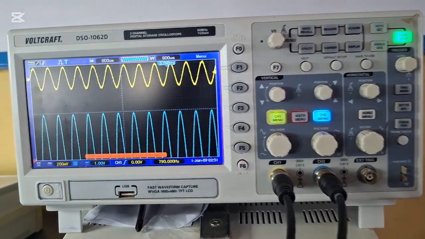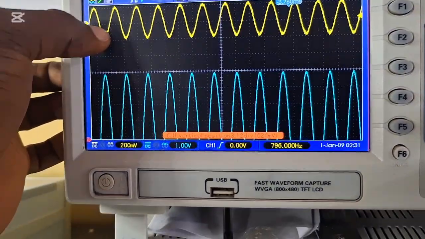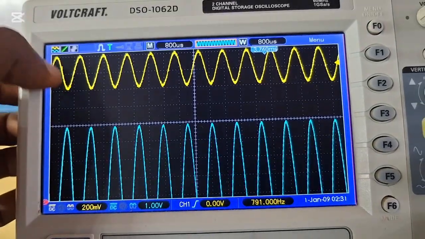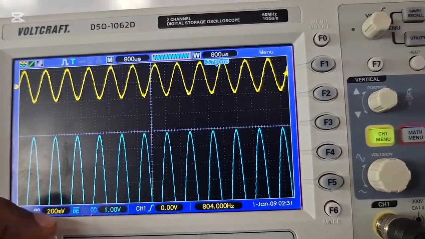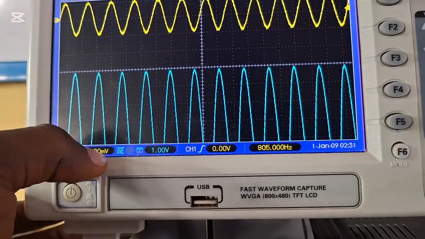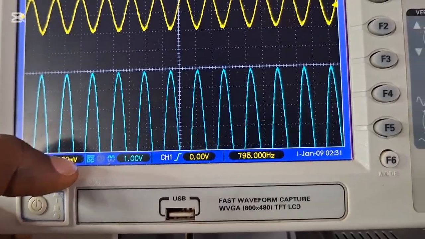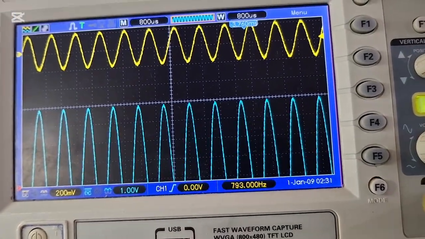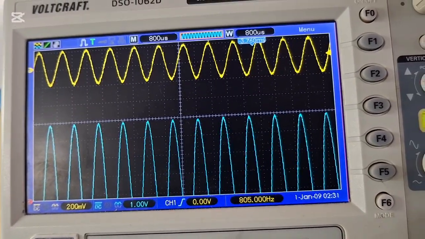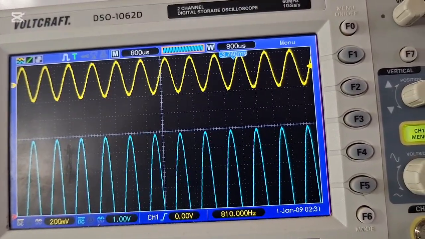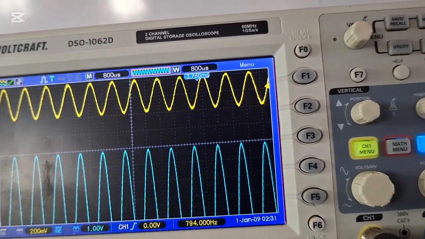Okay, so we have 1, 2. The waveform is covering 2 centimeters, and every centimeter has been set to 200 millivolts. So we have 0.4 volts per the waveform.